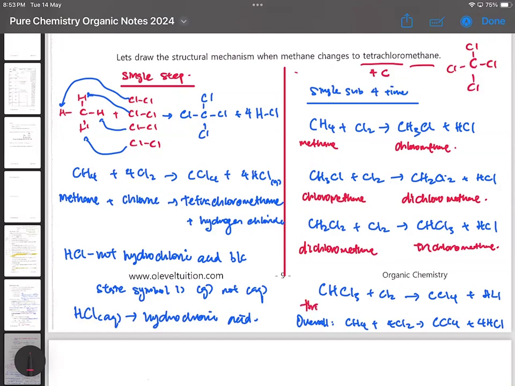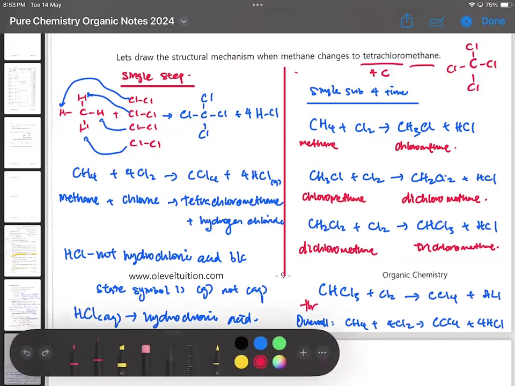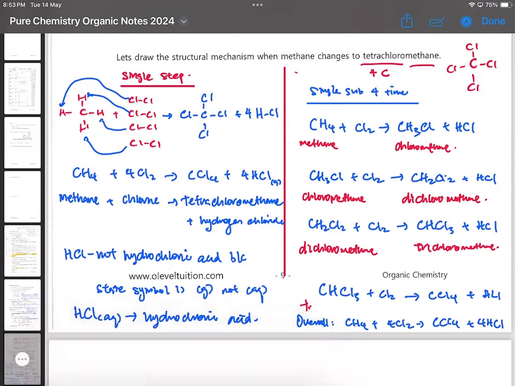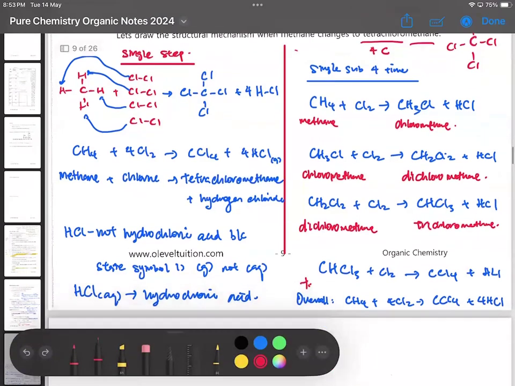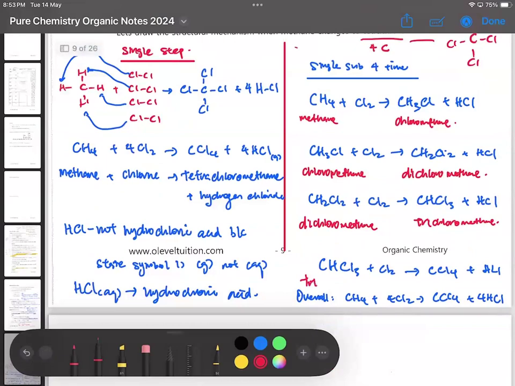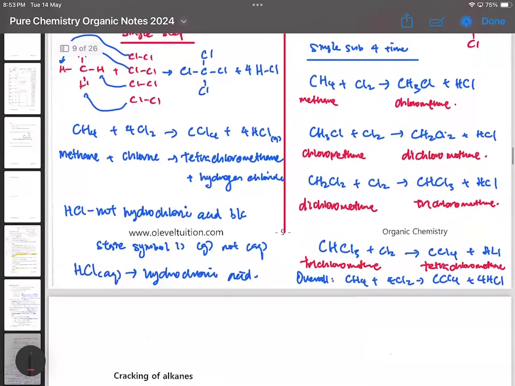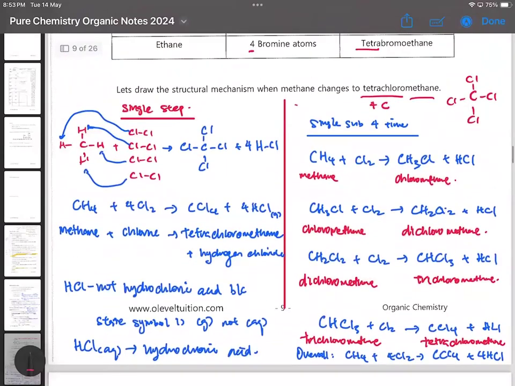And same thing, the trichloro will turn into tetrachloro. Okay, this is how you can do substitution to get to your tetrachloromethane, either by the single step way or the 4 steps way.